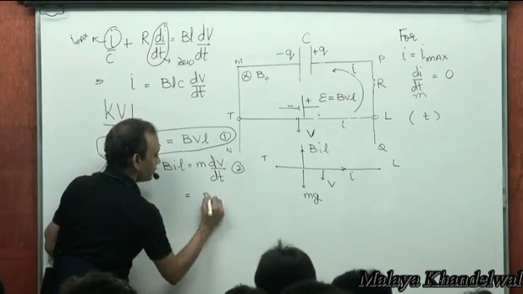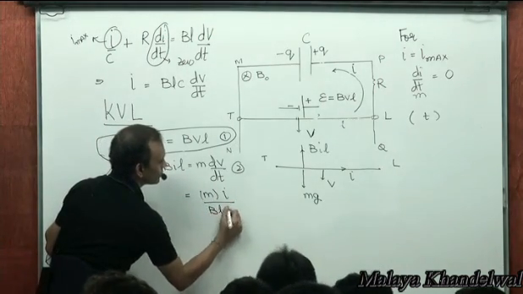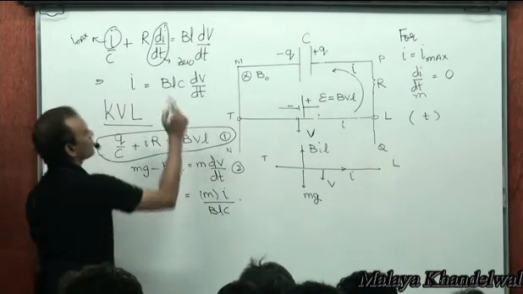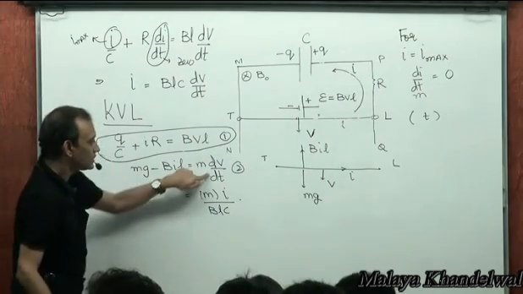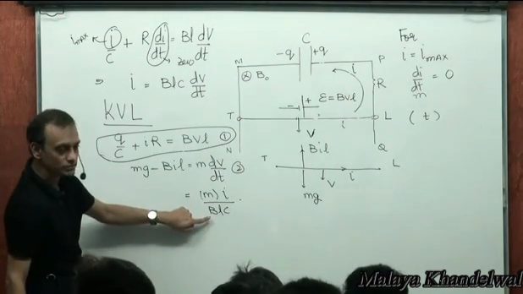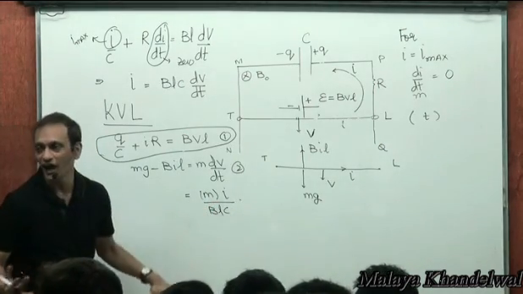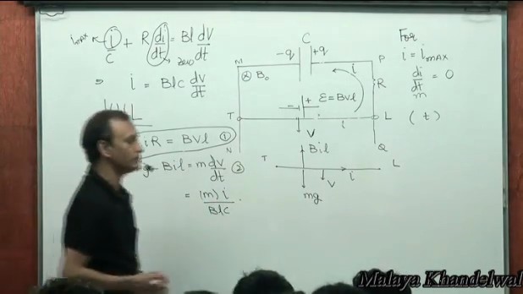So m I by blc is the dv dt, right? This dv dt I obtain from here, I by blc, and I plug into this. Then this I that I obtain from this equation would be I max, clear?